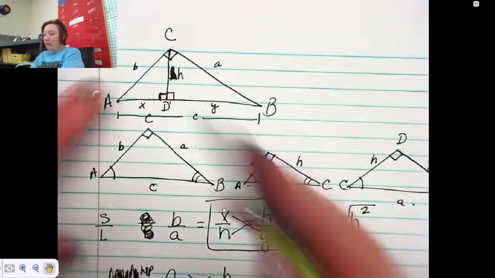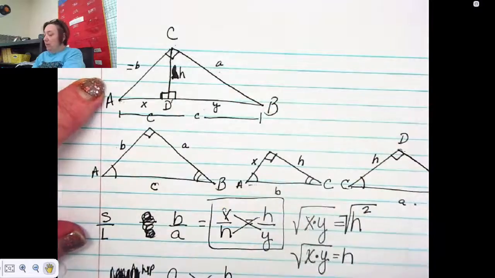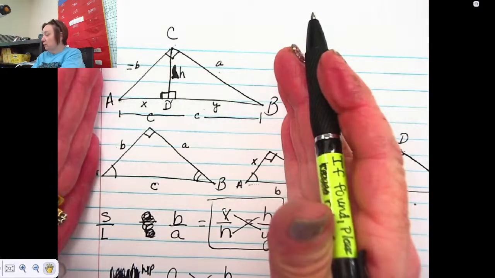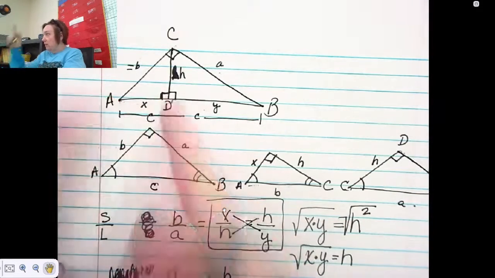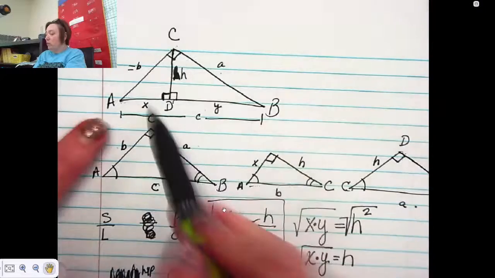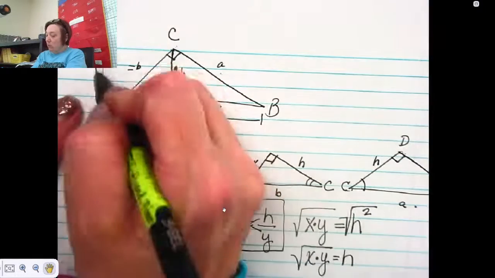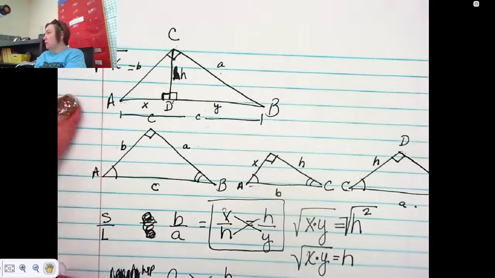So if we want to find this B right here, we're going to take the C, which is the whole length here, and multiply it times the X, which is this piece, and then take the square root of it. So we're going to find the geometric average of the X and the C. We're going to take the whole C and the X, multiply them, and take the square root of it.